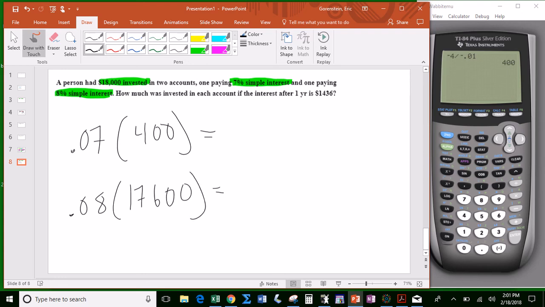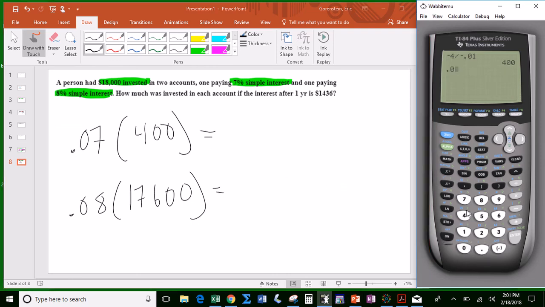Okay, so first one, 7% of 400. We could put that into the calculator. You should get 28, I believe, 0.07 times 400. Yep, 28 bucks.